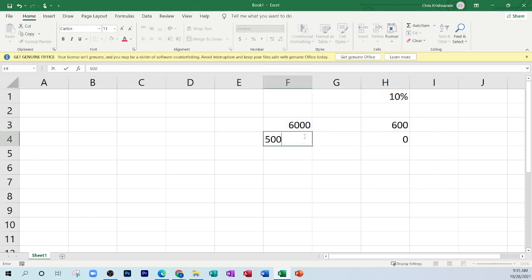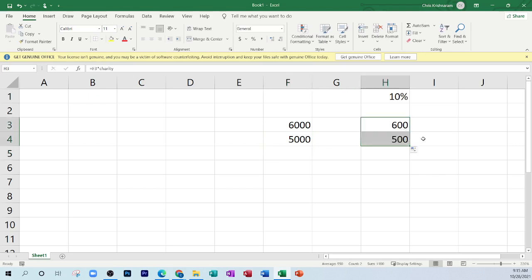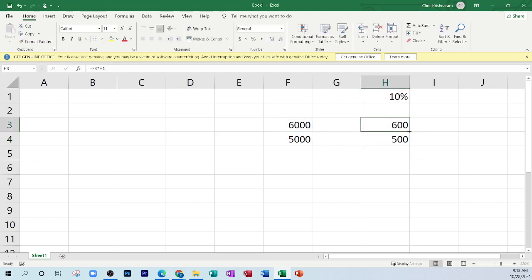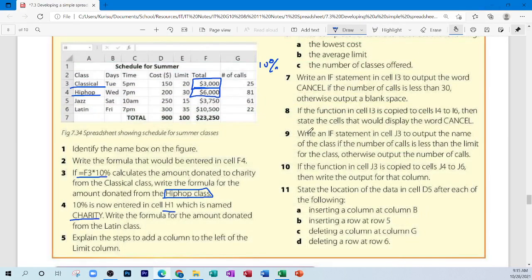So if I put a value here and I bring it down, it will still work. I will still get that 10% being multiplied by my value here. If not, even if it was H1, it would not have worked when I bring it down here. So that's why we use the name charity instead of H1, so that we can get absolute addressing.